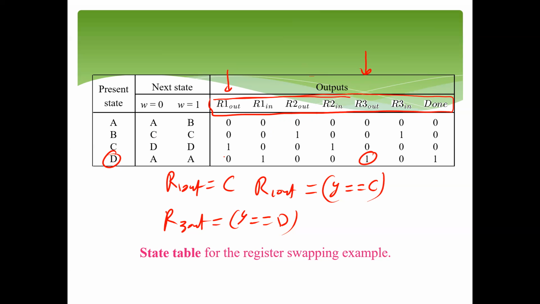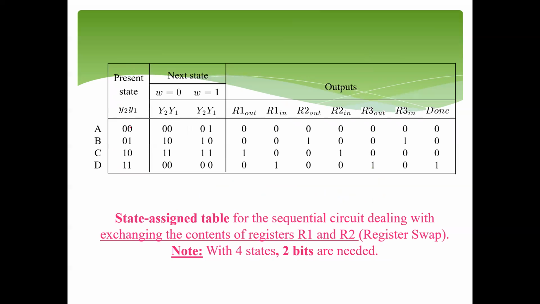Now the other equations you need to find out is the next state equation. Next state equation depends on this part of your table. So first move this into state assignments. So we're going to assign the value 0, 0 to A, 0, 1 to B, 1, 0 to C, and 1, 1 to D. Now we need to make k-maps to minimize the next state equation, capital Y1 and capital Y2.